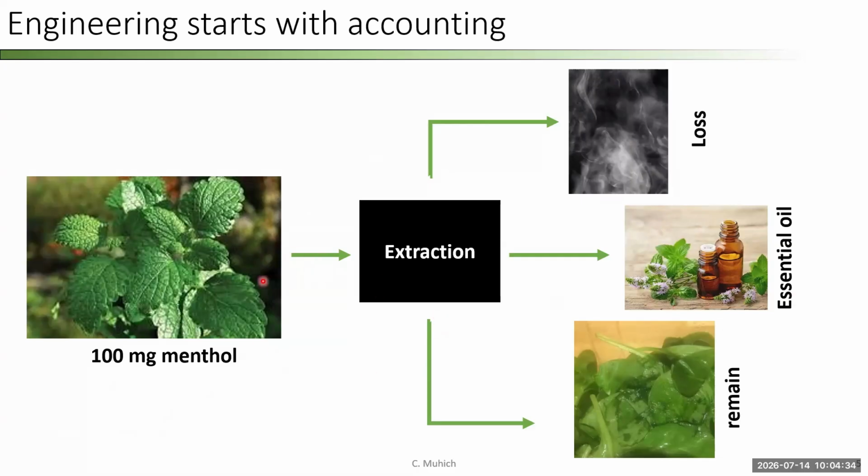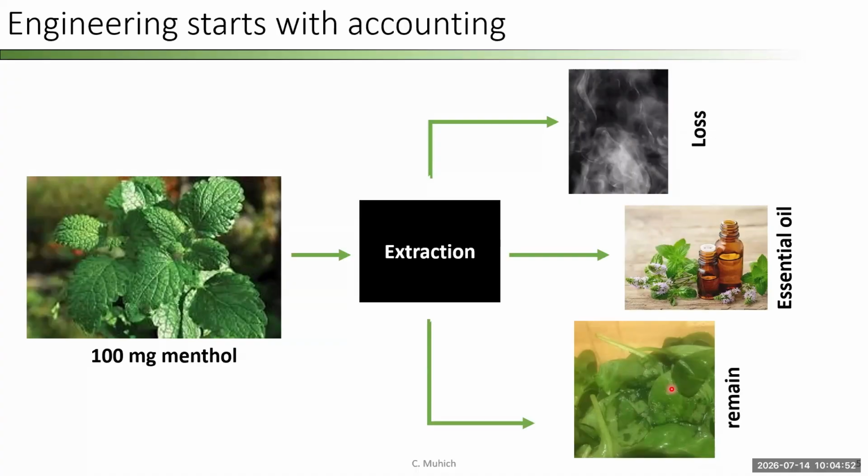Through our extraction process, we have this menthol, we can put it into this extractive black box, and we end up with our essential oils. But some of that menthol is lost, and some remains in those soggy leaves, right?